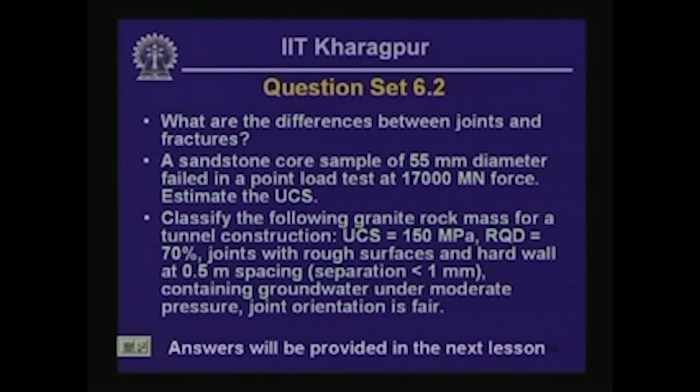The third question is, classify the following granite rock mass for a tunnel construction, and the given parameters are UCS equal to 150 MPa, RQD is equal to 70%, joints have got rough surfaces and hard wall, and the spacing between individual joints is 0.5 meter, and the separation of the blocks of rock across the joints is less than 1 millimeter.